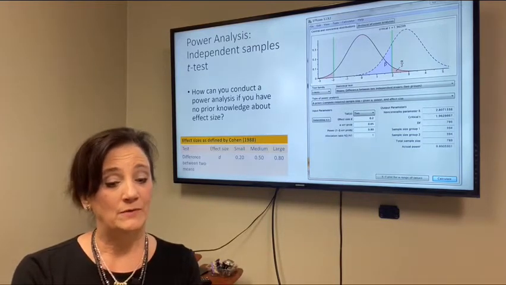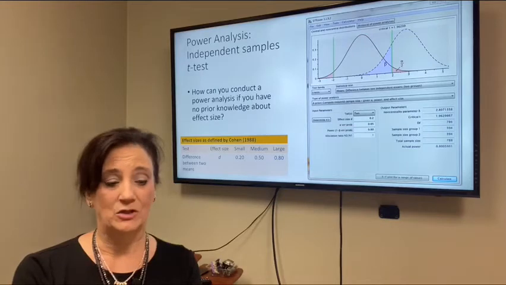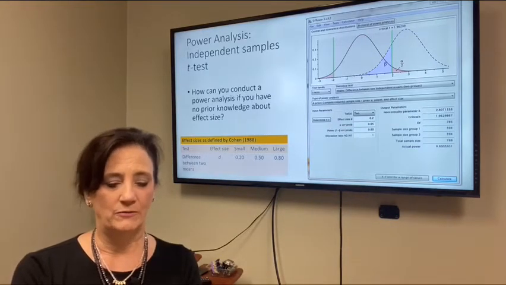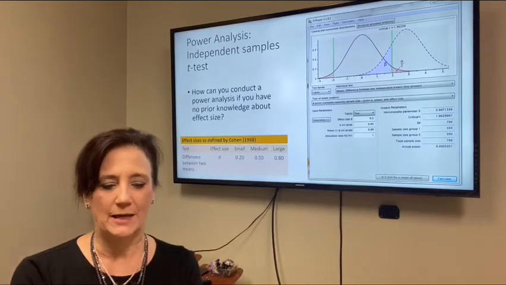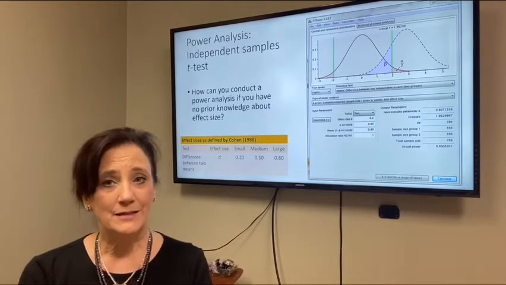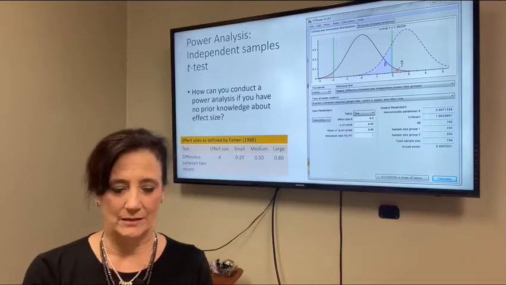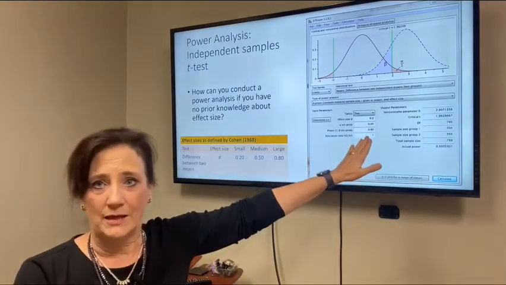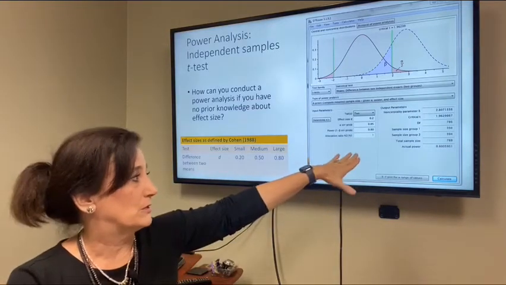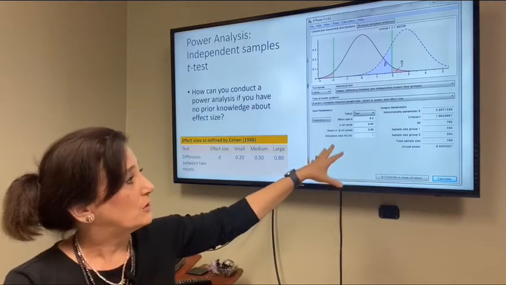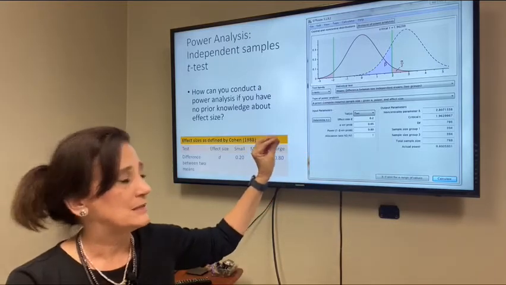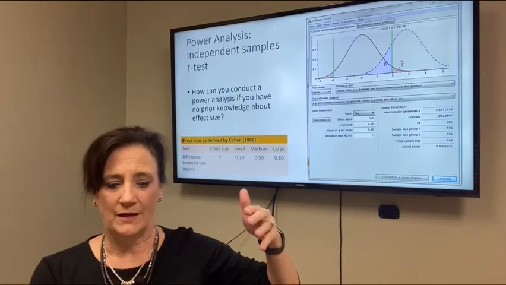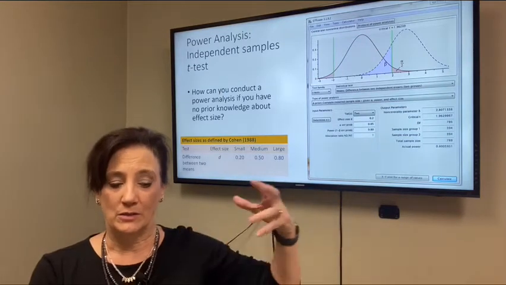So when you have a 0.2 effect size, a small effect size, of course your usual alpha of 0.05, your usual power of 0.8, then look at the size of the sample that you need. In group 1, you need 394, and in group 2, you need 394. So overall, total, you're going to need 788 people to respond to a survey.